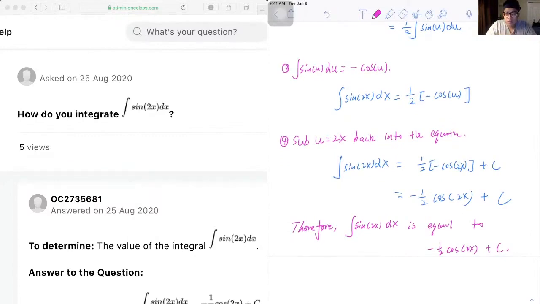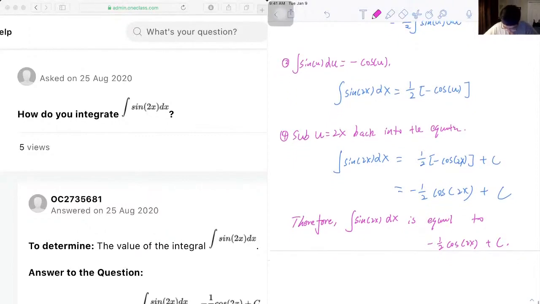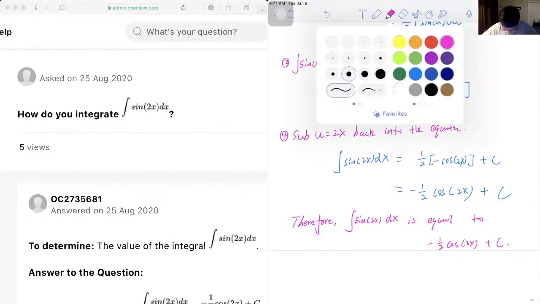Yep, so that's the end for this question. Oh, and just keep in mind, whenever you're solving for an integral, never forget your constant, which is a c, okay, which is this part.